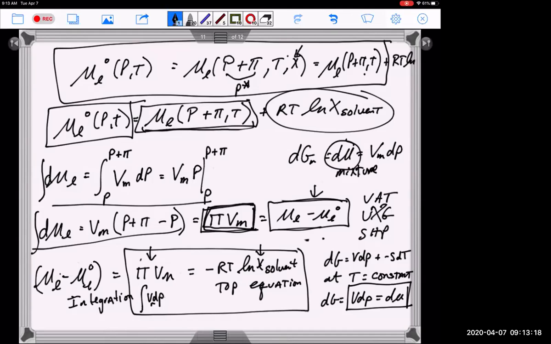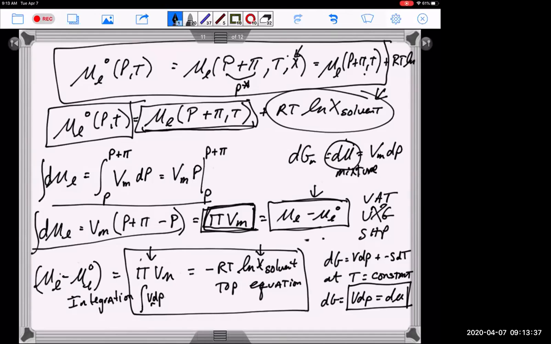One is relating pressure, the other is related to the mole fraction, the RT times the ln of the mole fraction. That's right.